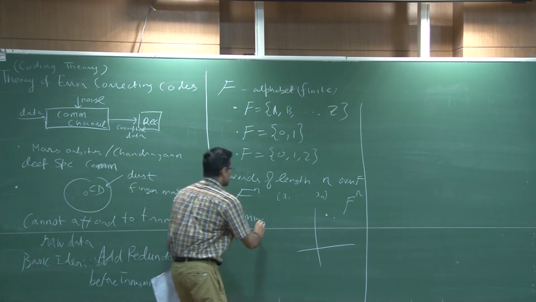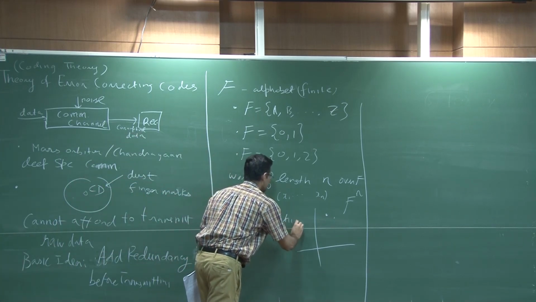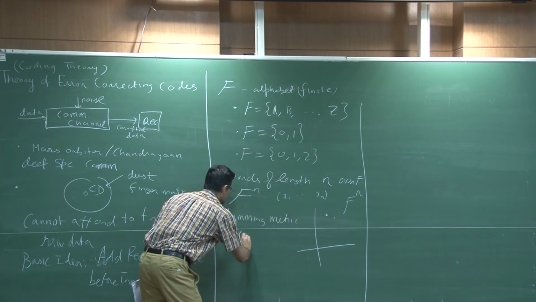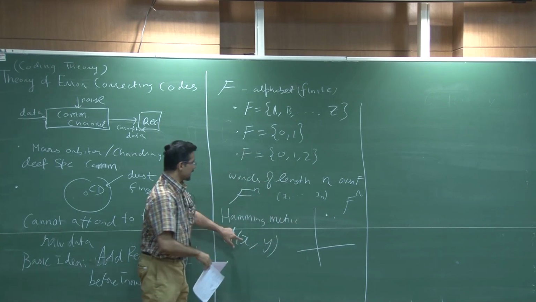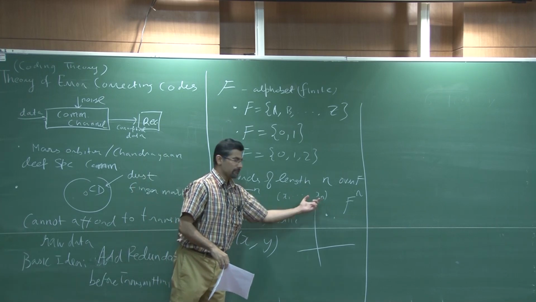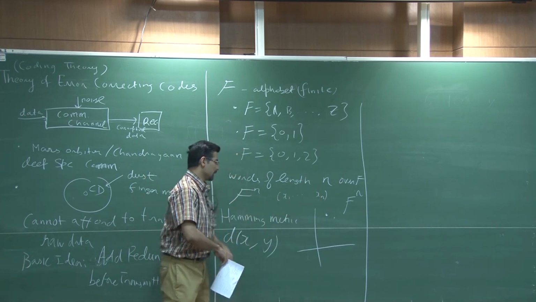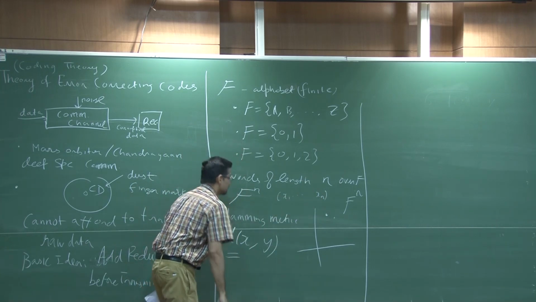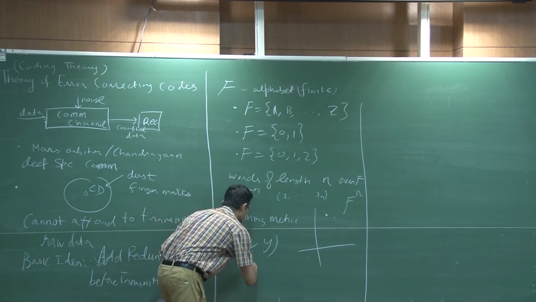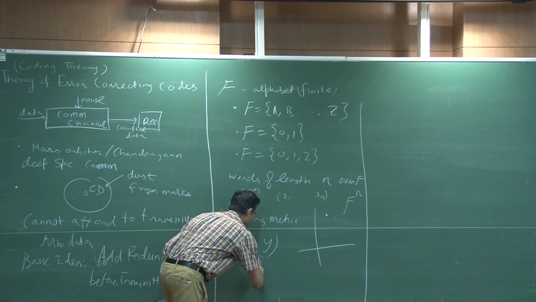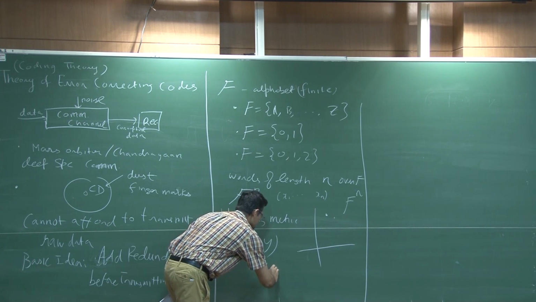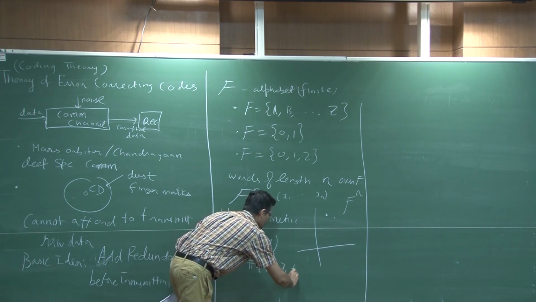So Hamming metric is, you take two words. When I say x, I mean x1 up to xn. When I say y, I mean y1 up to yn. The distance is equal to the number of i such that xi is not equal to yi.